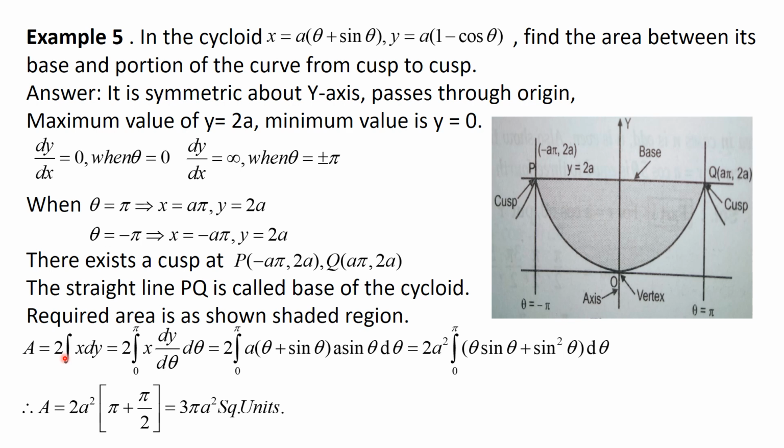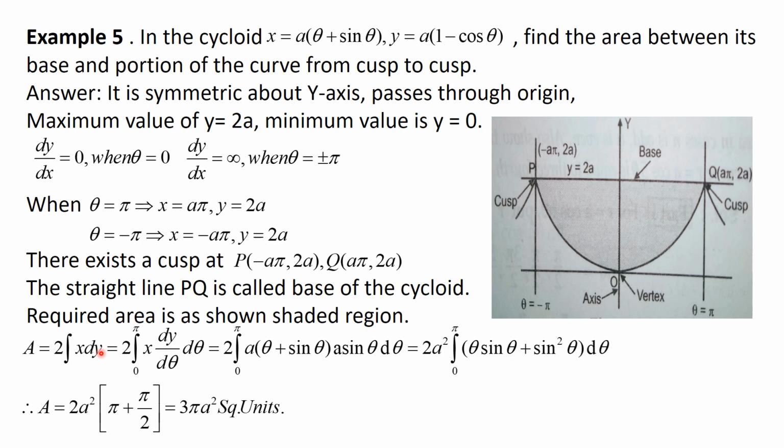Since y equal to 0 is our line, and the symmetry is about the y-axis, that means x equal to 0 is nothing but our one side, and hence we can use the formula converting to single integral form. Since x equal to 0 is the lower bound, the formula we want to consider is the integral of x with respect to y, where x is a function in terms of y, or here it is in terms of theta.